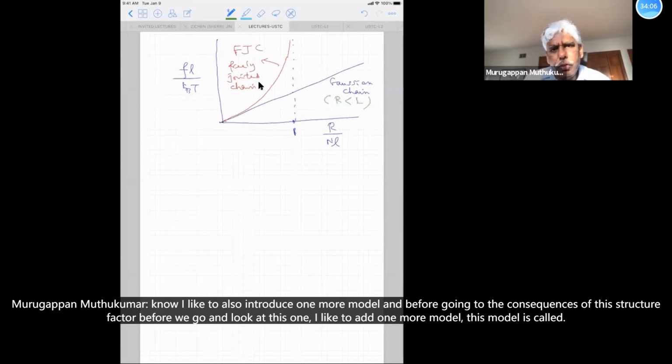Now I would like to introduce one more model before going to the consequences of this structure factor.